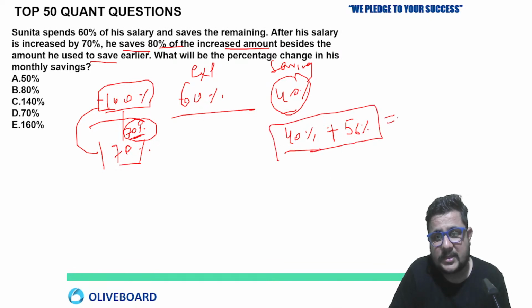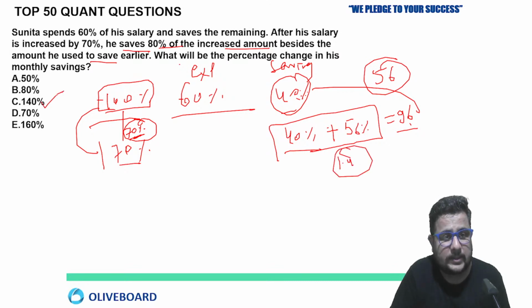So just take the sum, this is going to be 96. And earlier it was 40, because they are asking what will be the percent change in his monthly saving. So 96 with respect to 40, how much increase? 56, and 56 by 40 is going to be 1.4, meaning 140%.